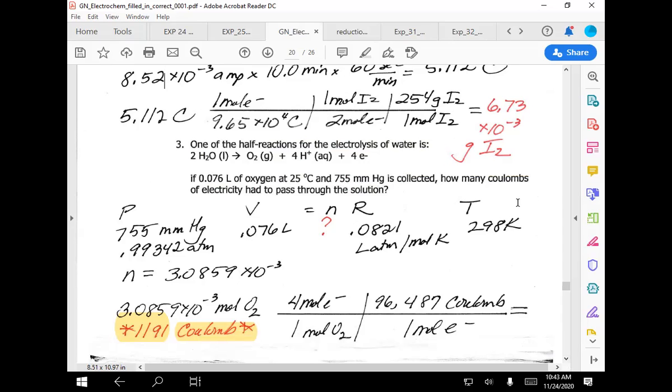And then that gave me moles of oxygen. Okay, so here I'm seeing I got 4 electrons. That's how I got the 4 electrons per 1 mole of oxygen. And then this is Faraday's constant per 1 mole. And so you see how the units cancel out? And then my moles cancel out. And then I get coulombs. Okay.